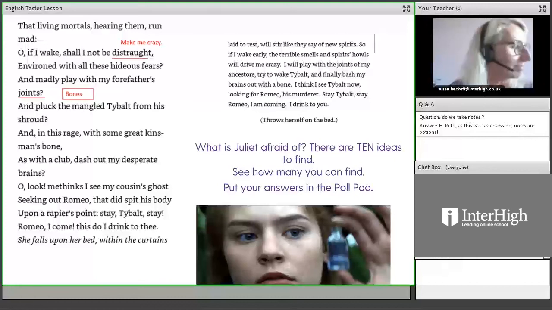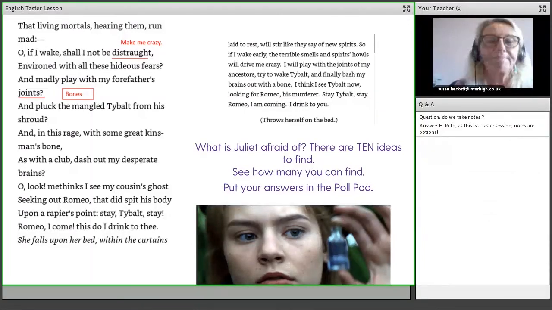That living mortals hearing them run mad. Oh, if I wake, shall I not be distraught, environed with all these hideous fears, and madly play with my forefather's joints, and pluck the mangled Tybalt from his shroud, and in this rage, with some great kinsman's bone, as with a club, dash out my desperate brains?